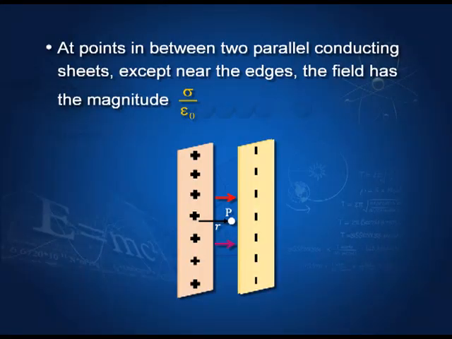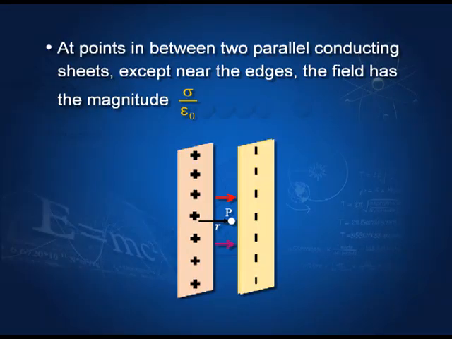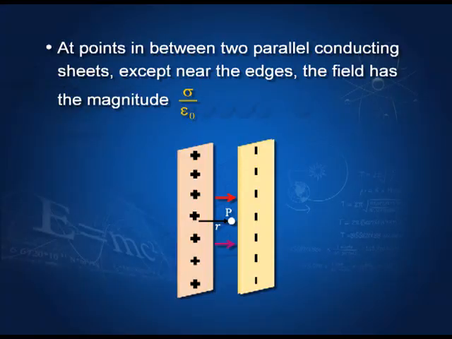So, at any point in between two parallel sheets of opposite charge, except near the edges, the magnitude of the field is sigma by epsilon 0.